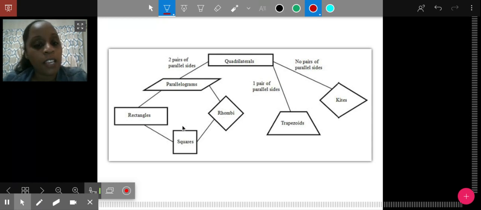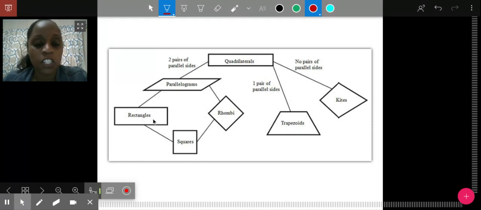That fits a rhombus, right? A square, in order to be a parallelogram, you need to have two pairs of parallel sides. Guess what? A square has two pairs of parallel sides, so a square can be called a parallelogram.